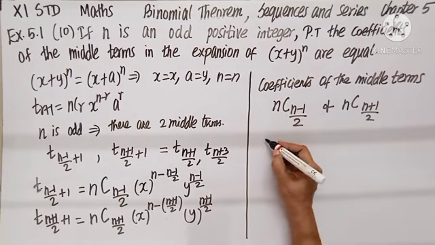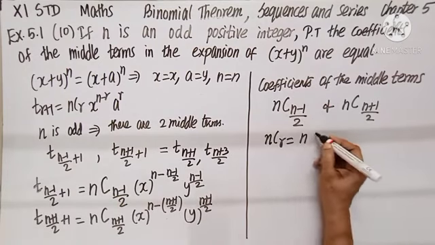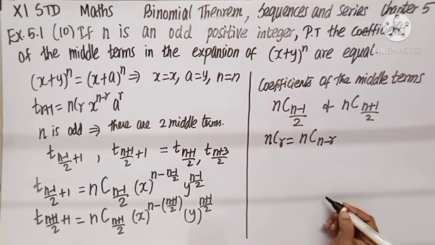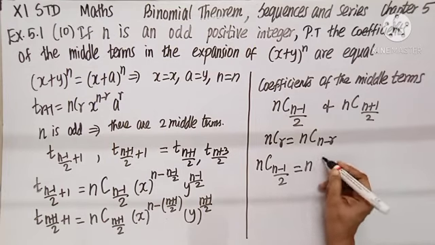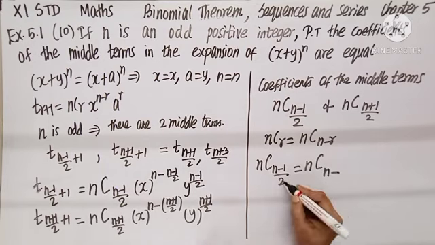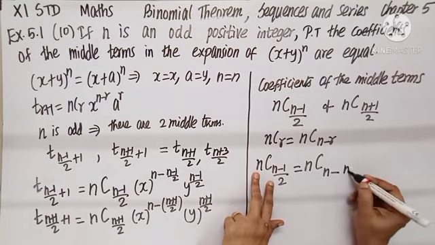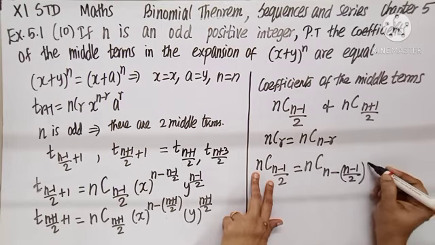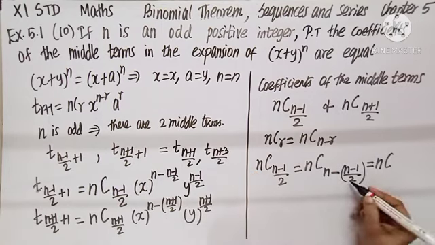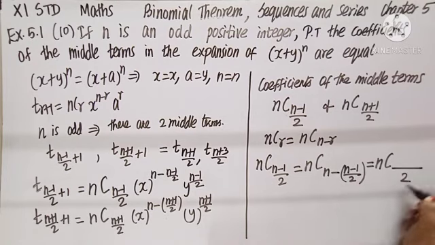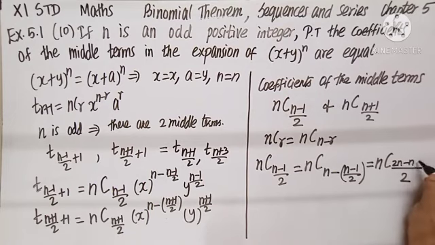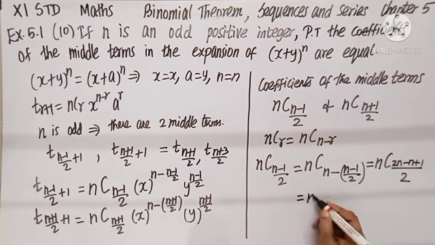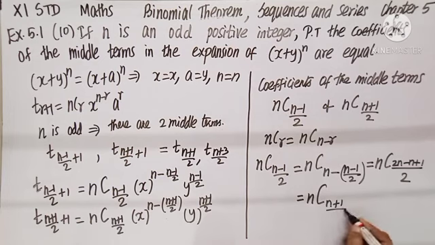To prove they are equal, remember the formula NCR is NC n minus R. As I start, n C (n minus 1 by 2) equals n C (n minus that), so subtract n minus 1 by 2, and this becomes n C, cross multiply by taking the LCM, (2n minus n, minus into minus plus 1) by 2, or I get n C, 2n minus n is n plus 1 by 2.